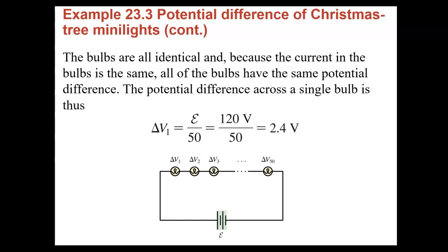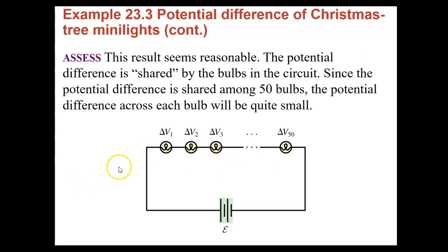The potential difference across each bulb is 1/50th of the power source. So 120 volts, the potential difference across an outlet, divided by 50, means each light bulb has a potential difference across it of 2.4 volts. Okay, so about 2.5 volts, because the potential difference is shared by the light bulbs, so it's going to be really small.